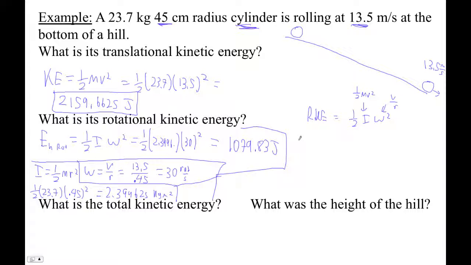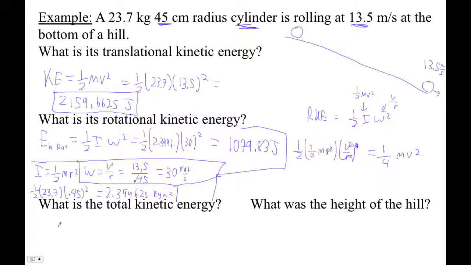So if we substitute that, we get 1/2 times 1/2 mr squared, times v over r, the quantity squared. If you square this, that's v squared over r squared. The r squared divided by r squared, the r's go away. The r didn't matter. And you end up with 1/2 times 1/2 times m times v squared, that's 1/4 mv squared. So the rotational kinetic energy is exactly half the translational kinetic energy, which is sort of interesting. That's where it comes from.